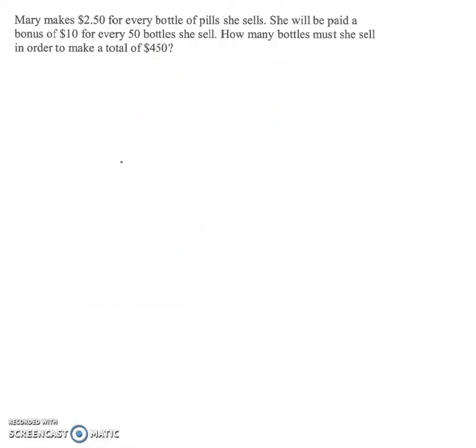Okay, let's take a look at this question. Mary makes $2.50 for every bottle of pills she sells. She'll be paid a bonus of $10 for every 50 bottles she sells. How many bottles must she sell in order to make $450? So 1 bottle, she earns $2.50.